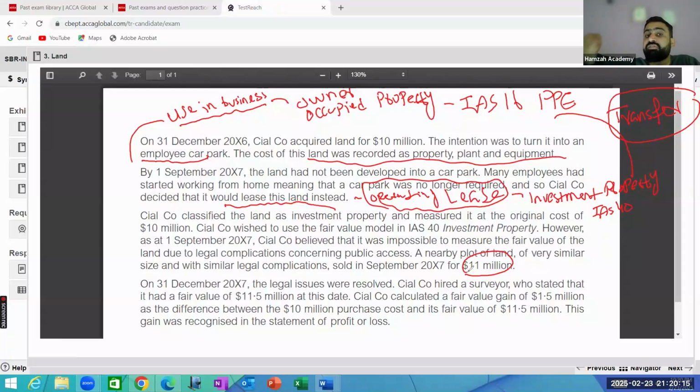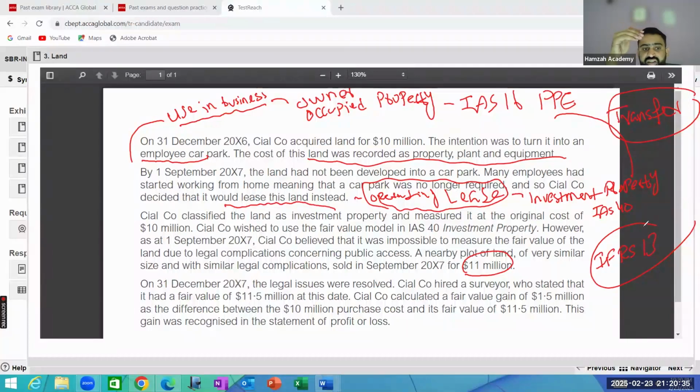Now here IFRS 13 becomes relevant. Because we are discussing the definition of fair value, and the fair value of investment property, IFRS 13 will automatically be involved. You need to create these linkages as well.